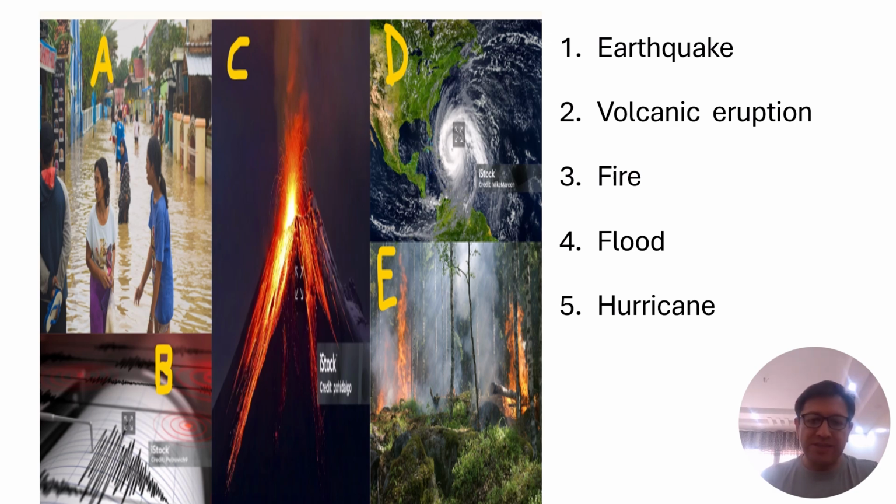The images are marked as A, B, C, D, and E, whereas the names of the disasters are given to the right with the serial numbers 1, 2, 3, 4, and 5. I want you to match the names to the images. The time for this is 2 minutes, and you're working in pairs to complete this activity.